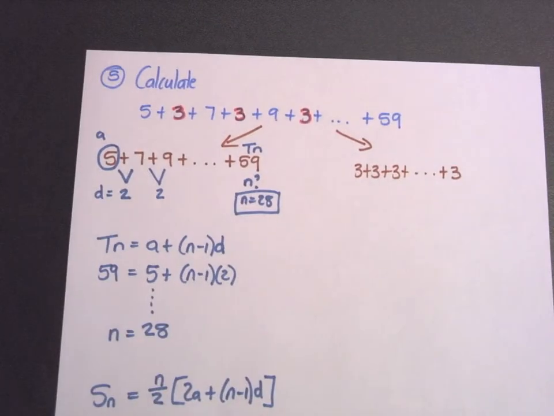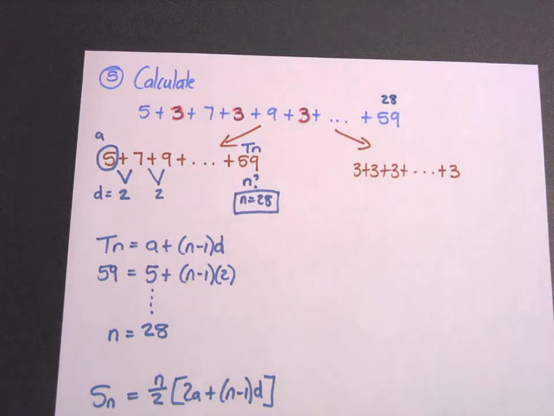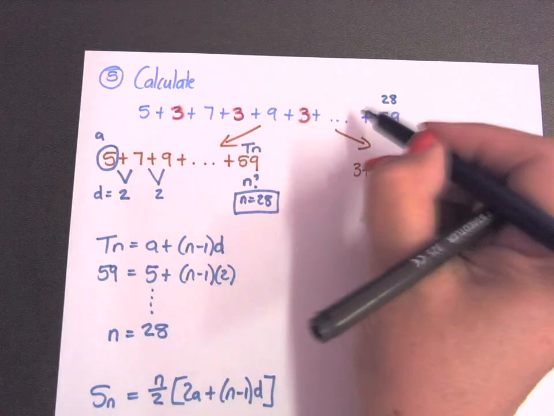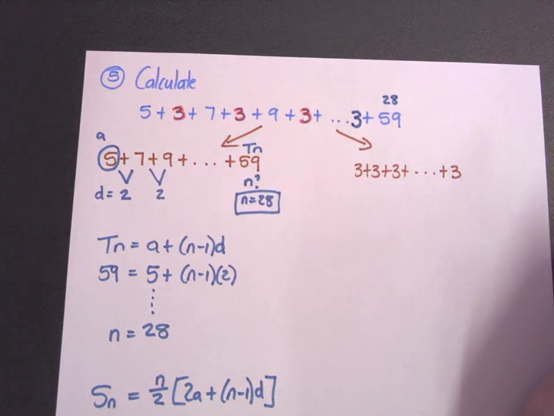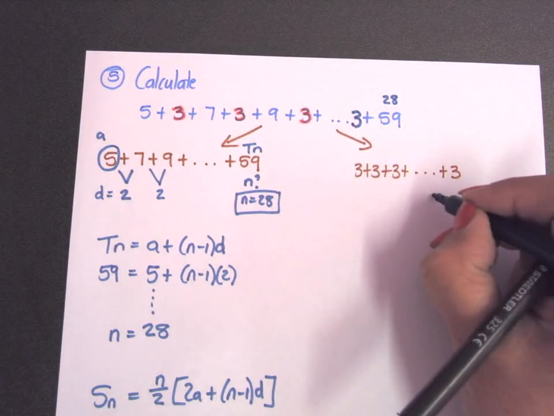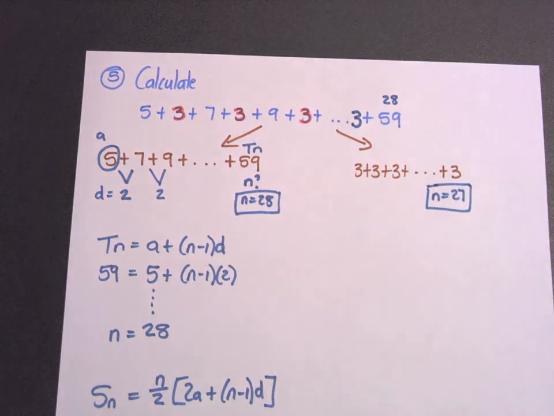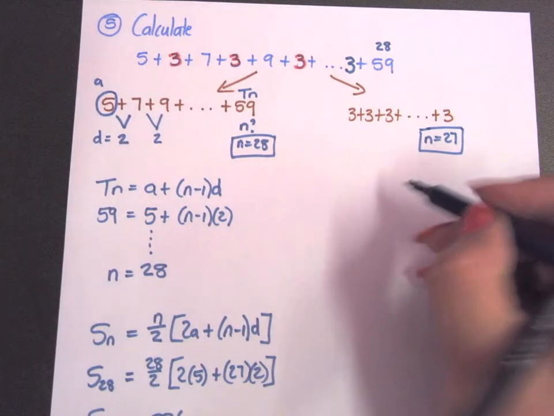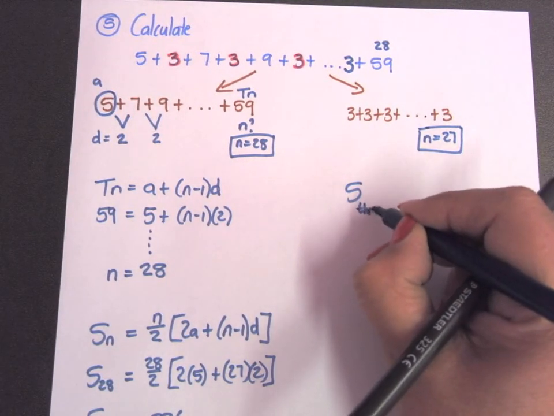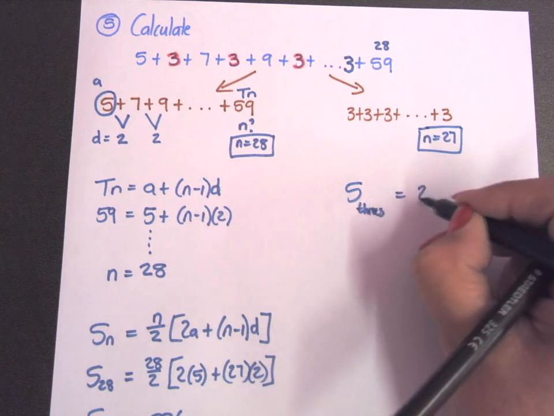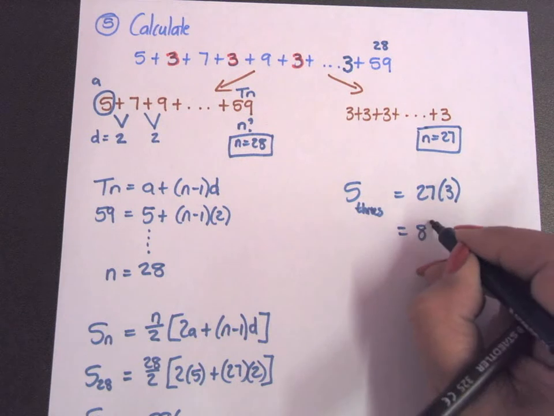If we have 28 odd numbers and the threes end just before that, how many threes will we have? 27. And the sum of all the threes will be 27 threes, and that will be 81.